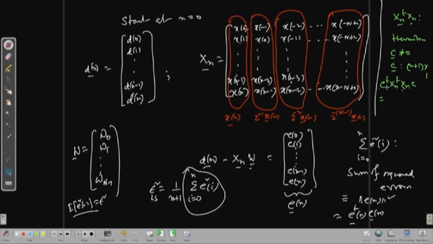So, Xn C, if you call it a vector D, this is D transpose. So, it is nothing but D transpose D, which is the norm square.